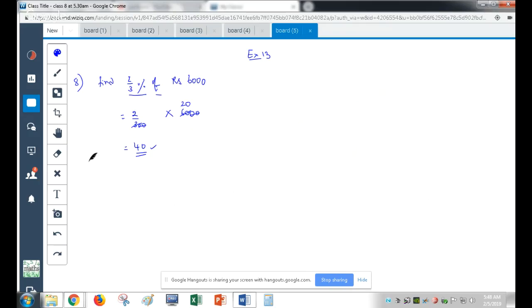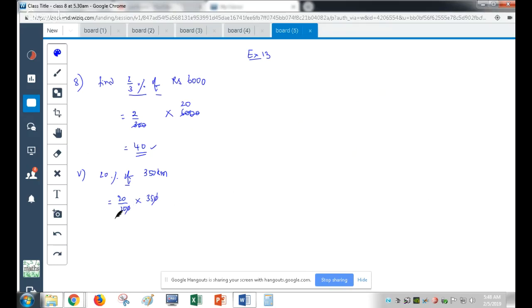And fifth question also, fifth bit also I will be doing: 20% of 350 kilometers. So then how much? 20 by 100. 20% means 20 by 100, "of" means multiplication, and 350 kilometers.